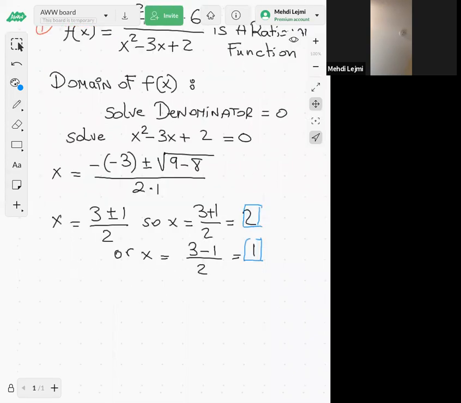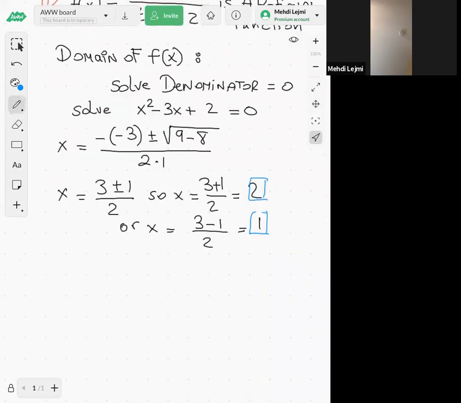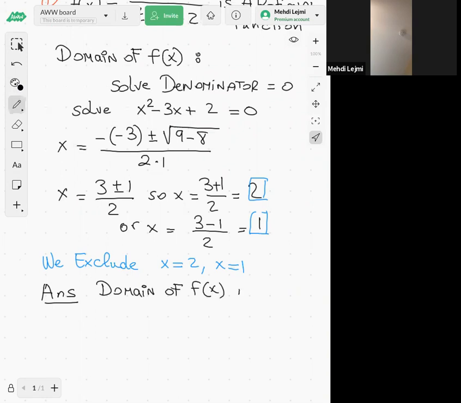So we exclude x equal to 2 and x equal to 1. So then the answer here, the domain of f of x is negative infinity, 1 excluded, union with 1, 2 excluded, right?